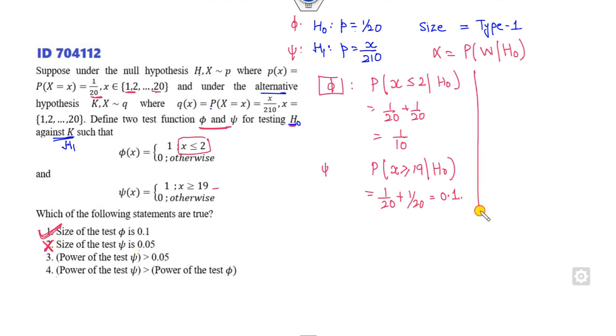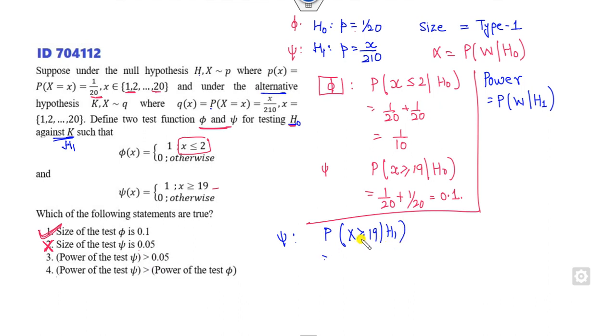Power of the test. Now how do you define the power of the test? That's very simple. The power of any test is the probability of the critical region under H1. Firstly we define the power of the test for psi. The critical region is x greater than 19 under H1, that is K here.